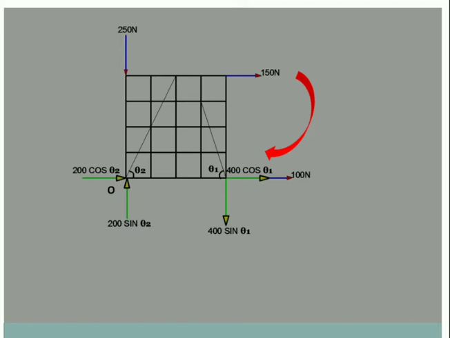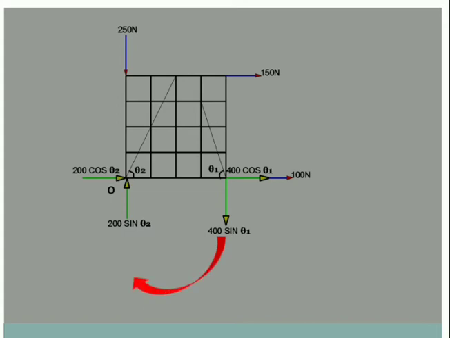See the arrow, it is going clockwise. Once again, how is this 150 force going to rotate about point O? Clockwise direction. So what will be the magnitude? Horizontal force is 150, vertical distance is 40, 150 into 40 with a plus sign.